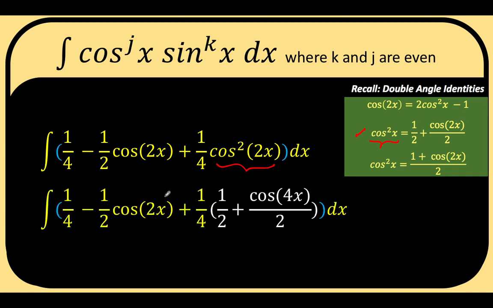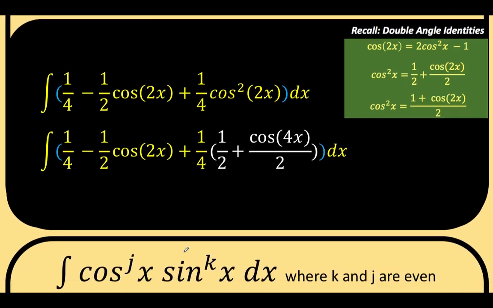So copy all the rest and replace cosine squared 2x by 1/2, which is this 1/2, plus cosine, and then double this angle. Whatever is the angle, we double that. We have here x, we double that to 2x. So if the angle here is 2x, double that to get 4x. And then just copy all the rest.